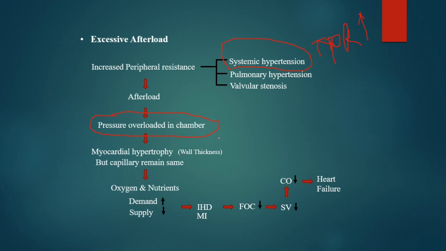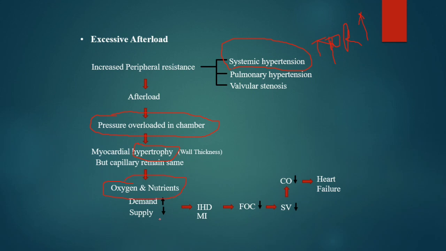In pressure overloaded myocardial remodeling, the cell will only be thickened, but the capillary supply to the myocardial cell will remain the same. If the blood supply remains the same but the cell is thicker, then there will again be an oxygen and nutrient demand and supply imbalance.